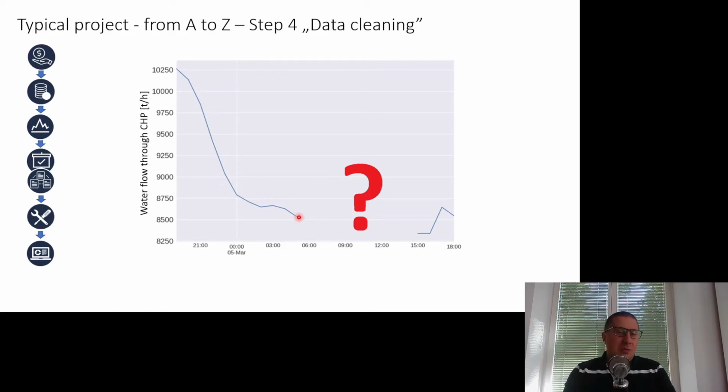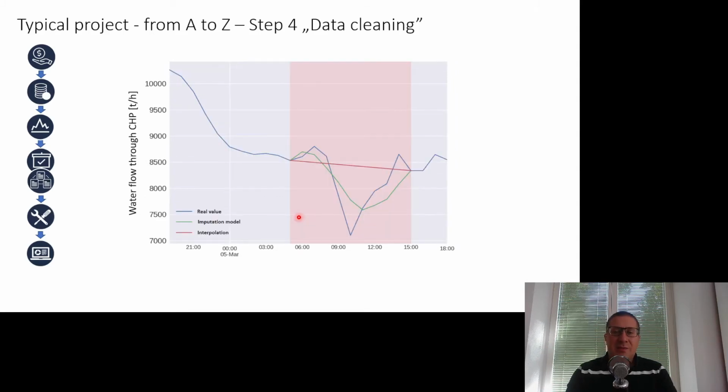So we tried to build a model. In this case it was an artificial neural network that tries to estimate the flow based on other parameters, based on heat demand, pressure and flow distribution within the network, flow and temperatures in other CHP plants.